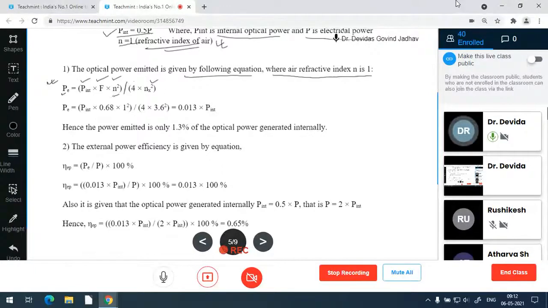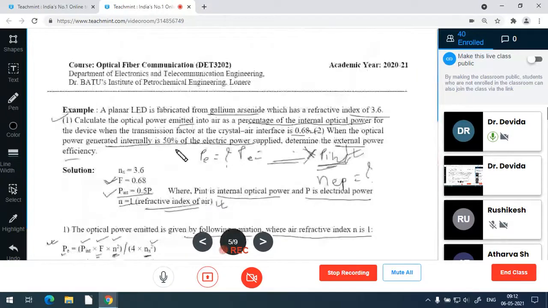This n is the refractive index of the medium in which it is emitted, air. nx is the refractive index of the semiconductor material, gallium arsenide, 3.6 is given. The medium in which it is emitted, air, is 1. F is the transmission factor at the crystal air interface, that is 0.68. It is given. F is 0.68.